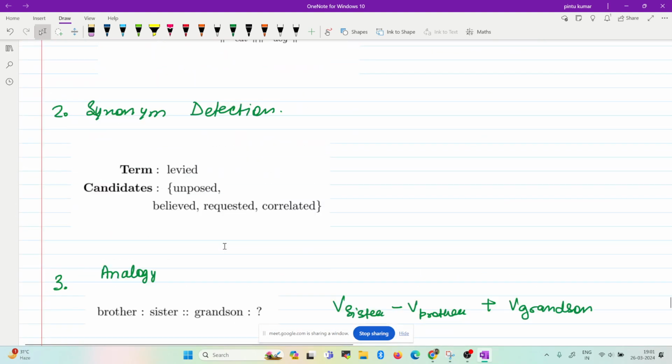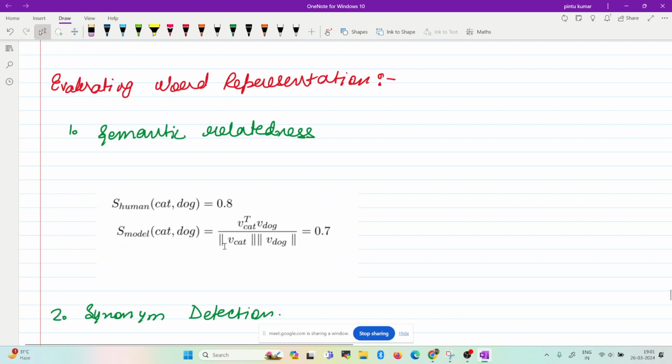So this thing is called evaluating word representation. Just give me 2-3 minutes to explain this, then we'll go back to where we were. So evaluating word representation is: how do we evaluate the quality of your word representation? One method that was not discussed in the course is this.